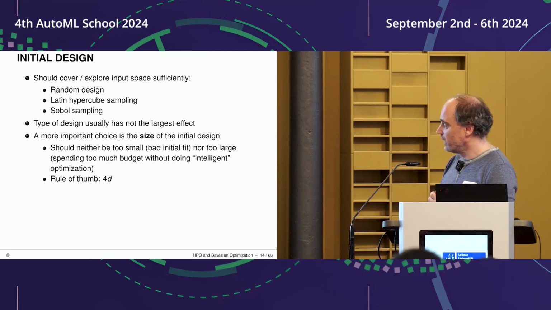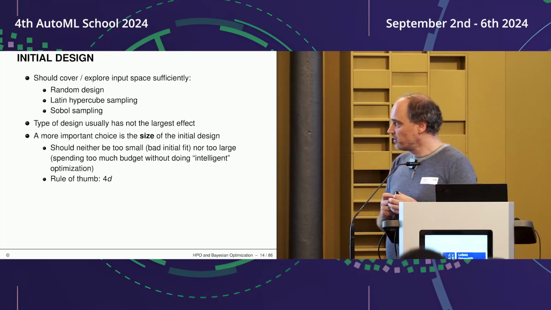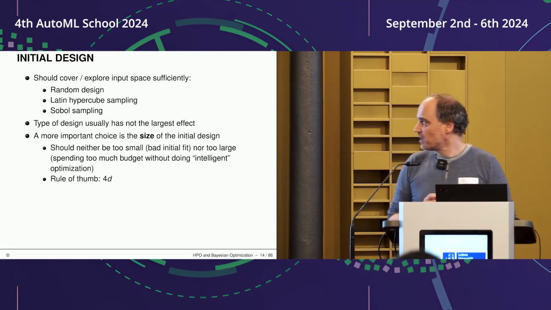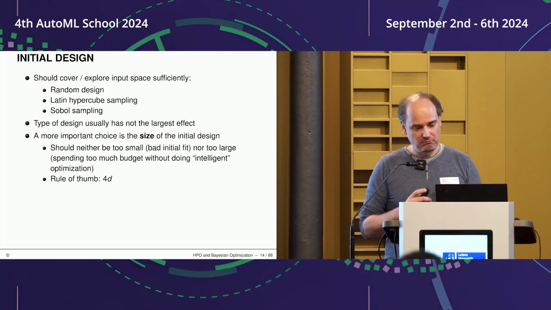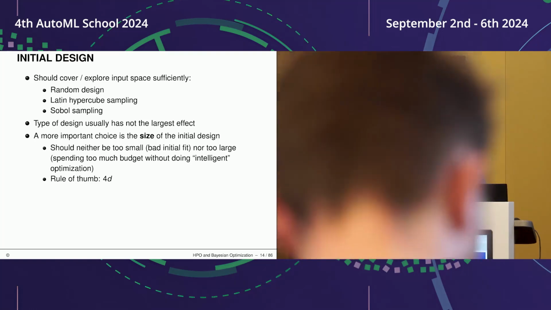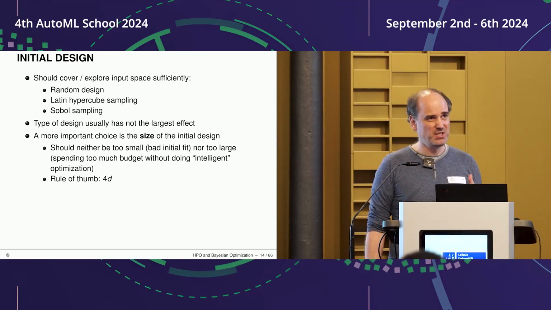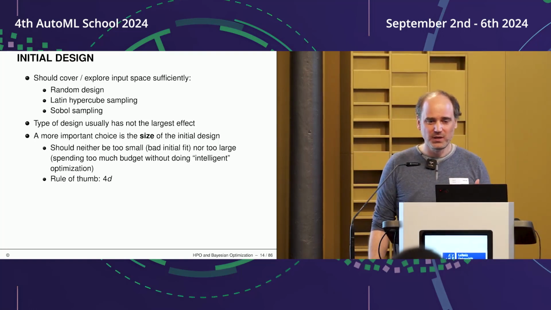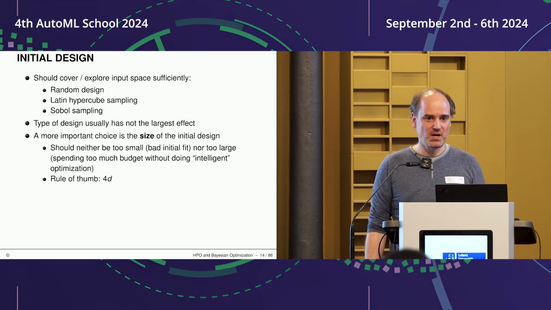You can also do things like Latin hypercube sampling or Sobol sampling. What is usually not completely unimportant is the size of the initial design. So this depends a lot on what model you are using and how stable this will work if you use a super small sample size, a super small training set size for the model.